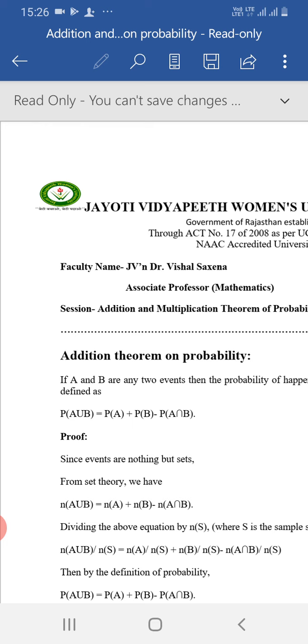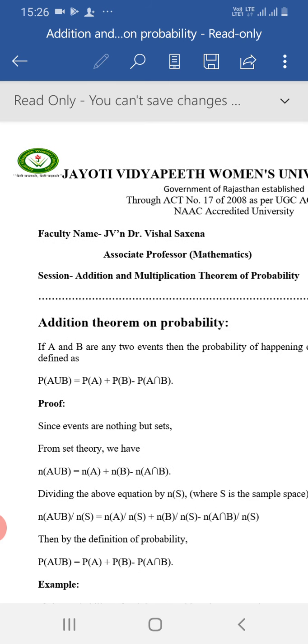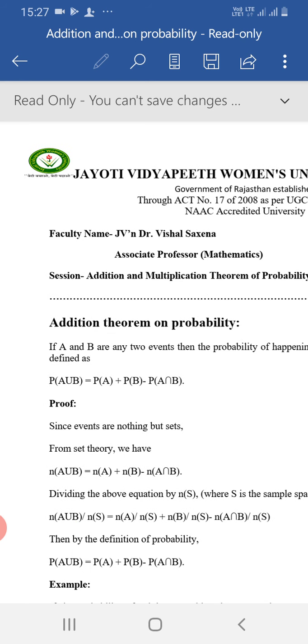Now we take the proof of this theorem. Since events are nothing but sets, from set theory we have n(A union B) is equal to n(A) plus n(B) minus n(A intersection B), where n represents the number of elements in the set, like A union B, or A, or B, or A intersection B. Dividing the above equation by n(S), where S is the sample space, we get n(A union B) upon n(S) is equal to n(A) upon n(S) plus n(B) divided by n(S) minus n(A intersection B) upon n(S).